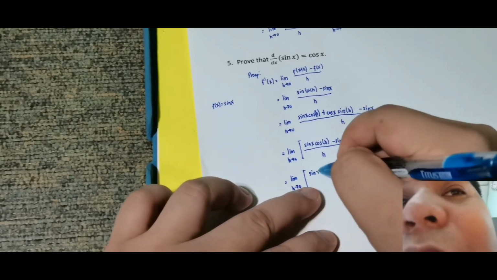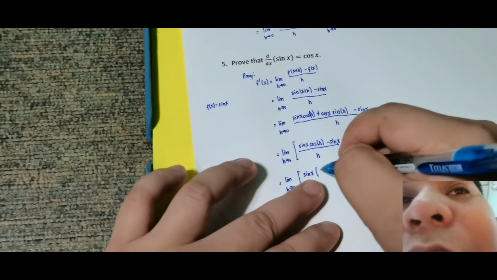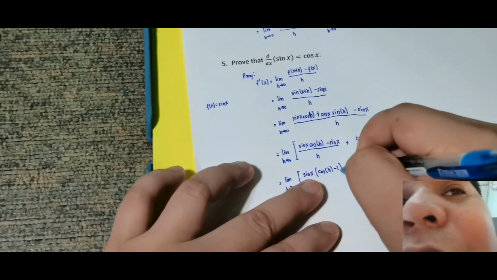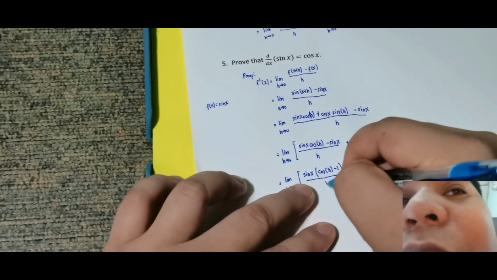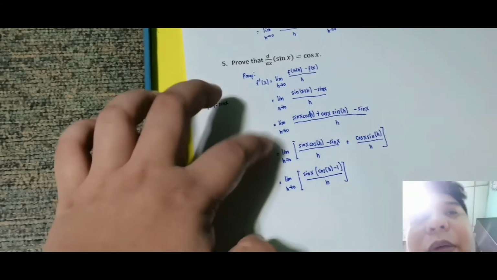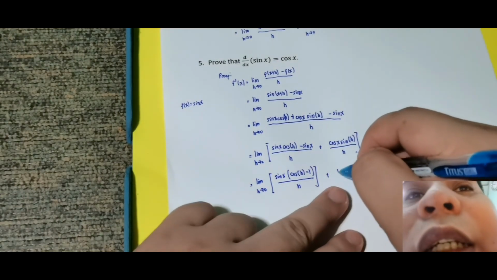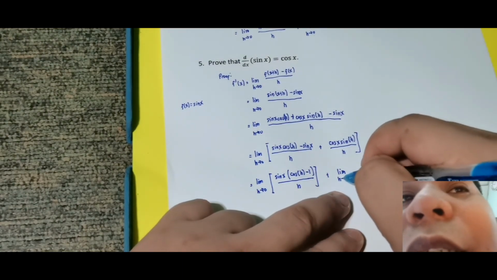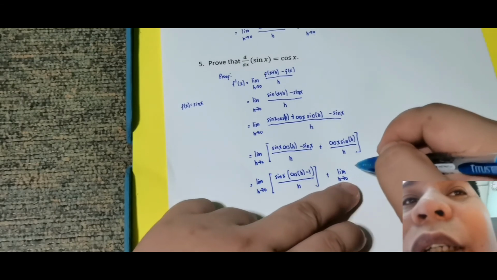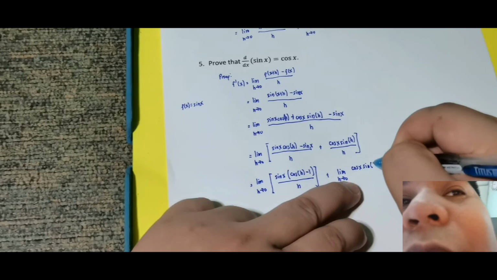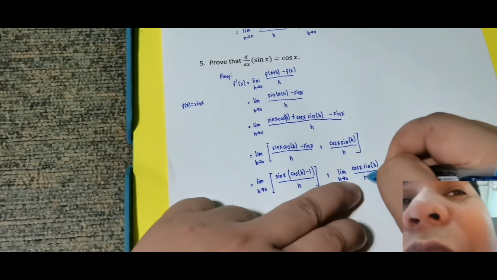So may factor akong sin x multiplied by cosine of h minus 1, then all over h. Yan yung una para dito. Pinactor out ko kasi sin x. Then sa kabila, this is plus limit as h approaches 0 ng cosine x sin h over h.